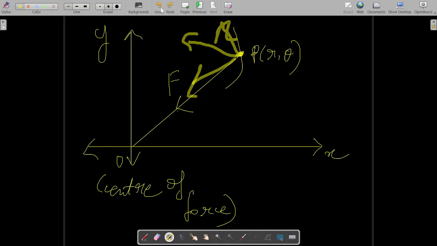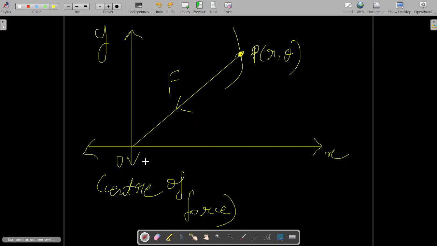So that is why the force is always directed along the line joining the point and the pole, the center of force. You must have learned the basics of all this in physics, but please note that we do not require any physical visualization over here. So you should be very careful about it.